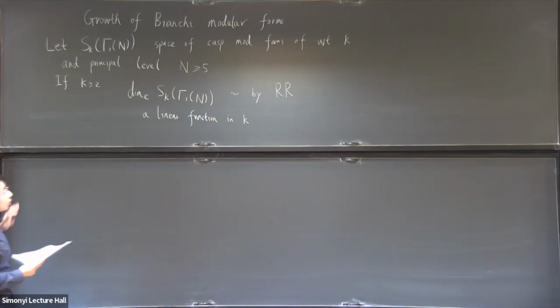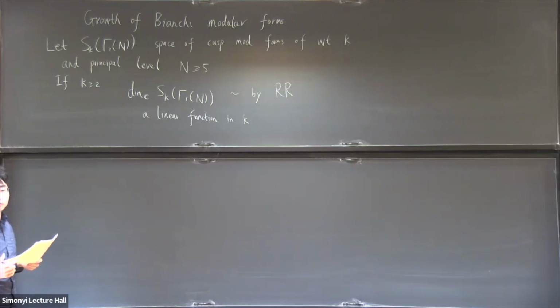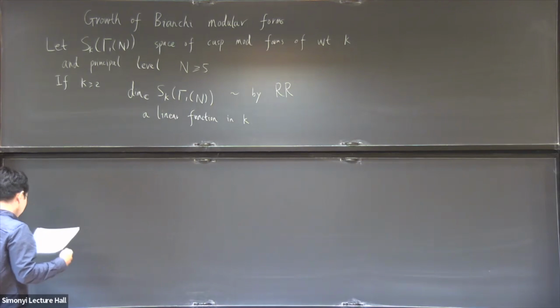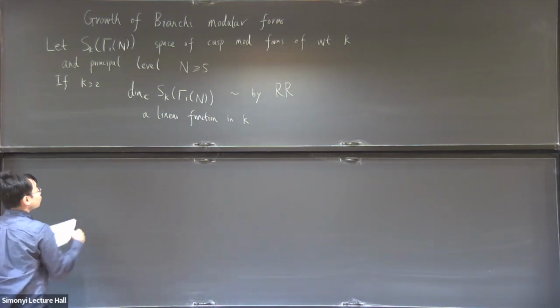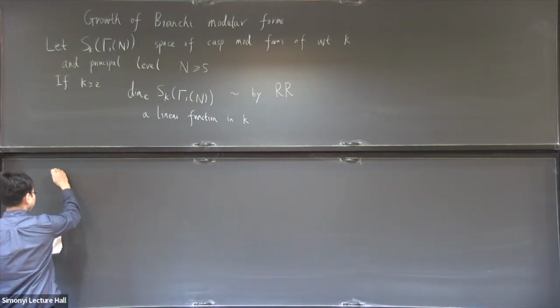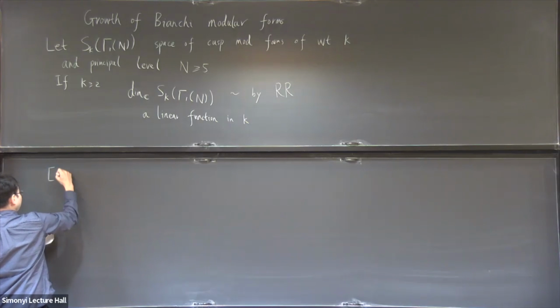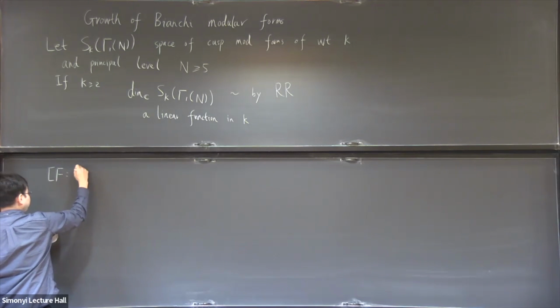So in this talk, we try to generalize this phenomenon to, for example, a quadratic number field. Actually, we can do much better than that, but I just want to emphasize the case degree of F is 2.